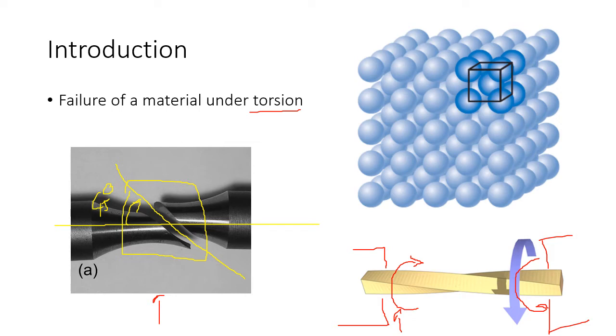Failure of metals occurs in a particular direction inside the crystal structure. If you focus on this region before the test, when it was not broken and was complete, let's say this is the picture of the crystal structure.